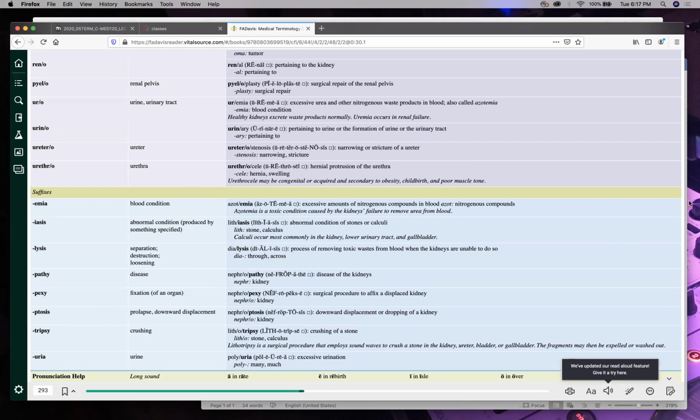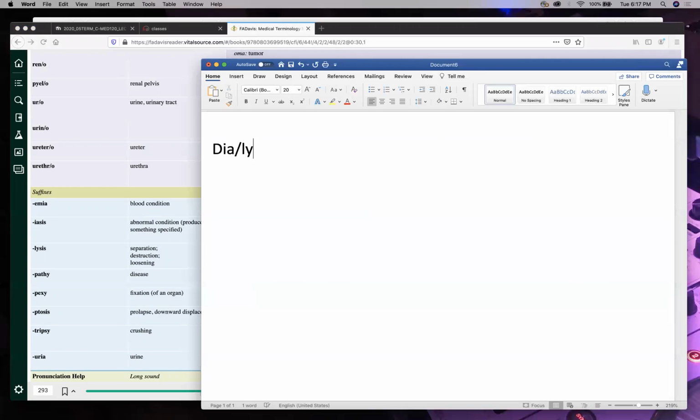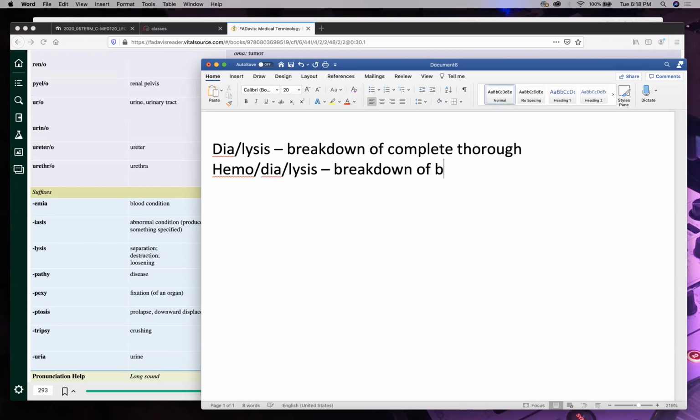So when you're looking at the word dialysis, lysis means breakdown, of complete or thorough. And that's what your kidneys are doing. I could have hemodialysis. Complete breakdown of blood completely. And that's what you're doing. Okay.